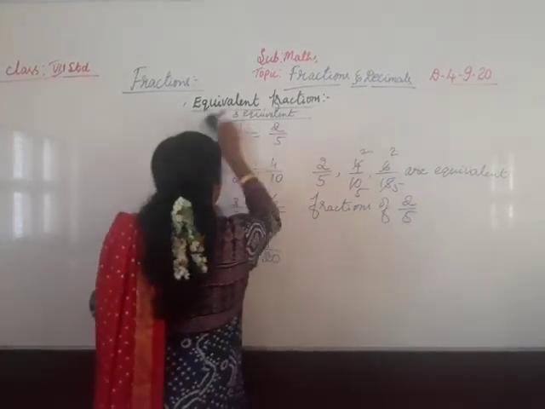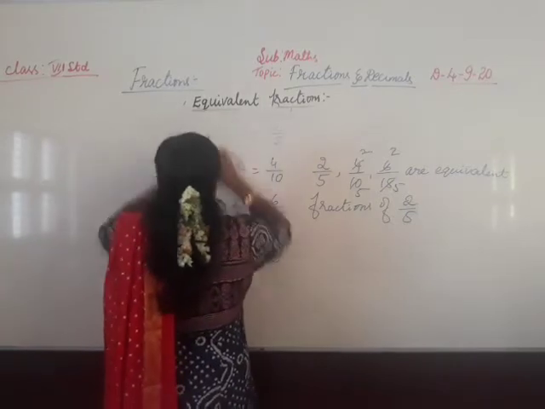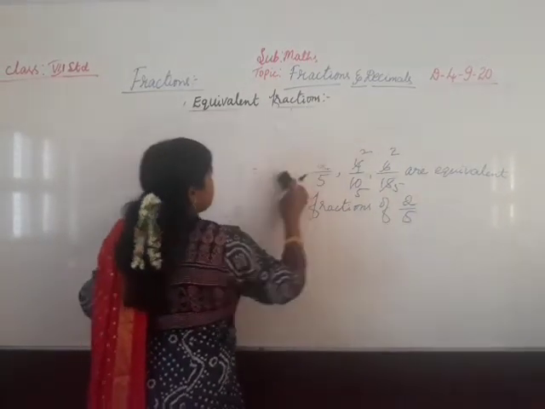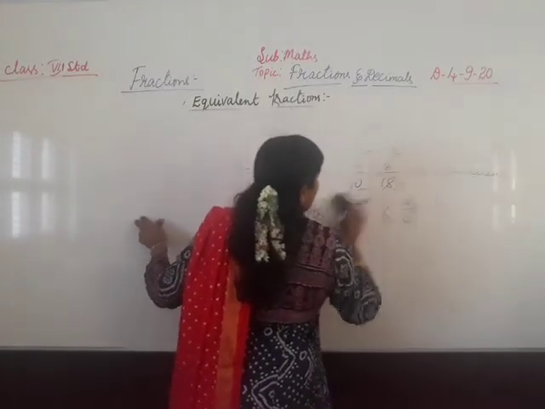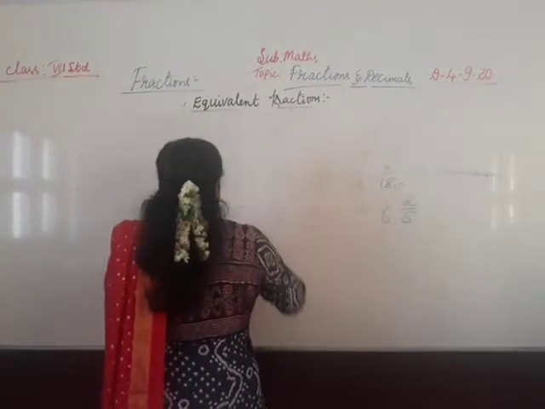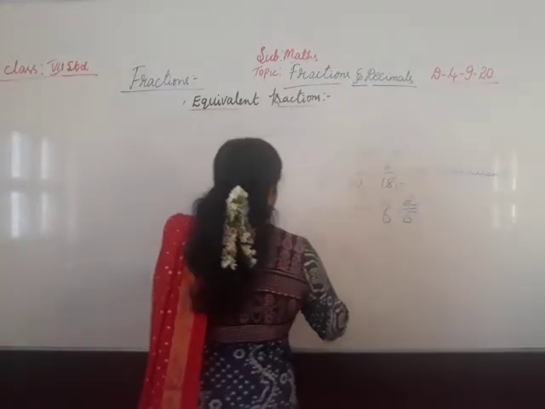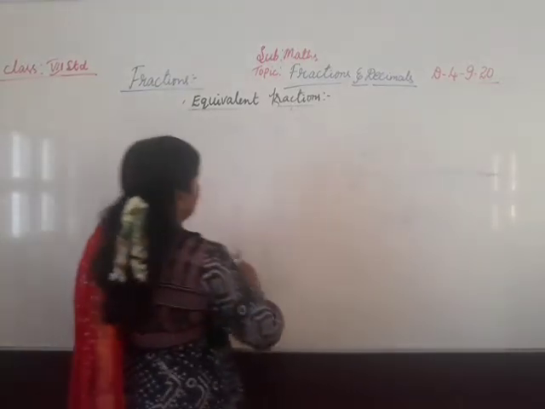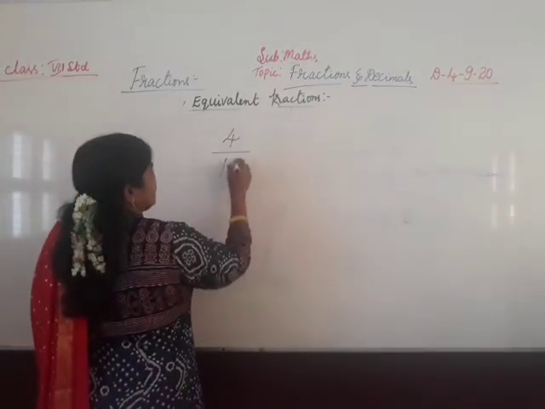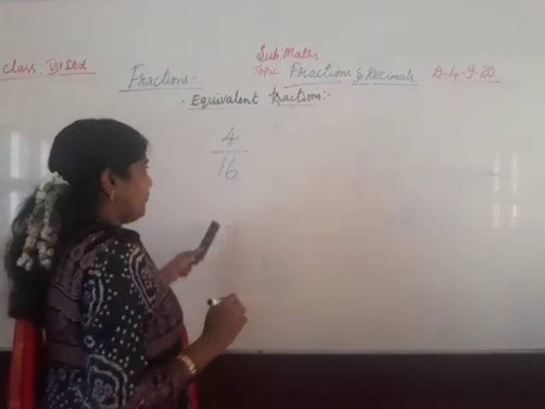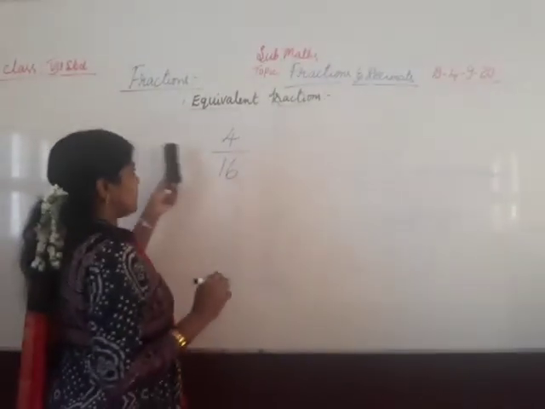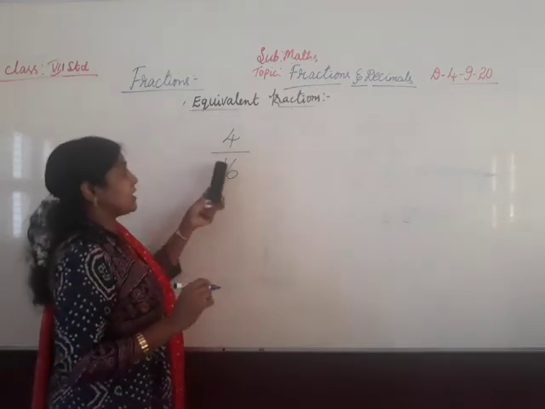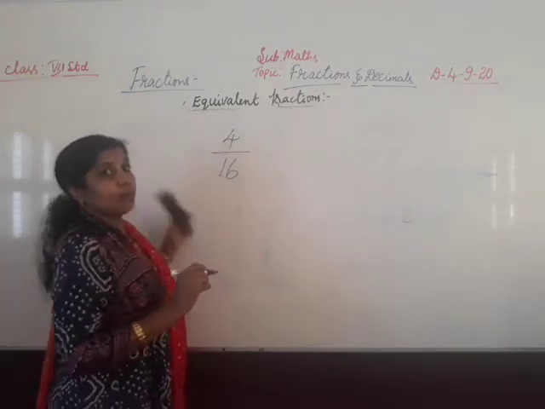This is the next equivalent fraction. If I take a fraction like this, 4 by 16, what I want is the fractions which are present before this 4 by 16.